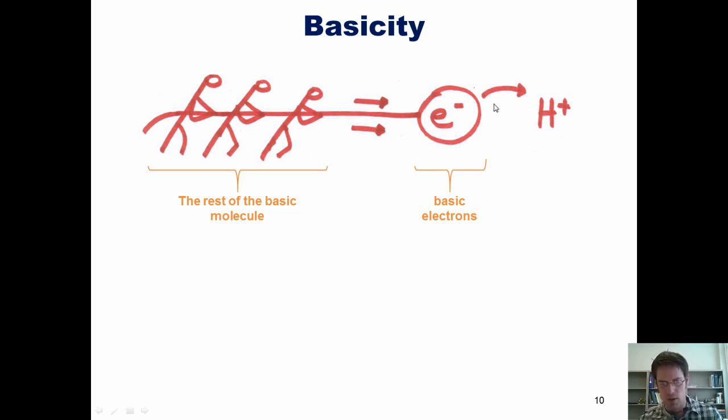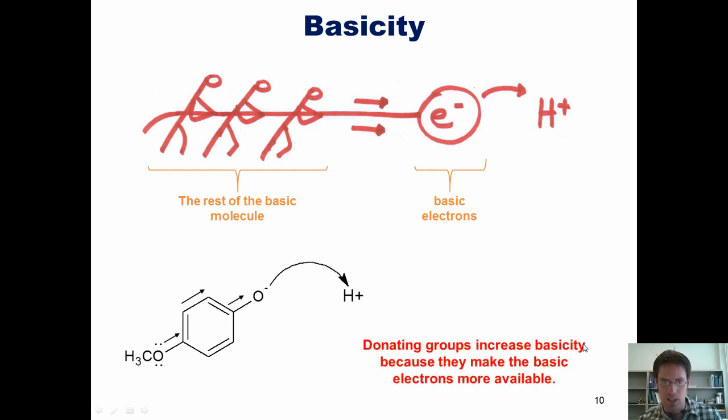This type of scenario is the one that we would see in this kind of molecule, where an electron donating group, this methoxy group, is actually pushing via resonance electron density toward this negatively charged oxygen. Thus, we can conclude that donating groups increase basicity because they make basic electrons much more available. So this negatively charged oxygen would be much more basic than the one on the previous slide.